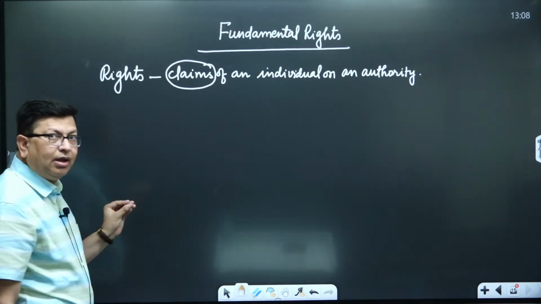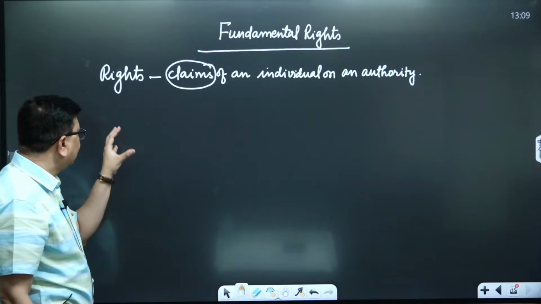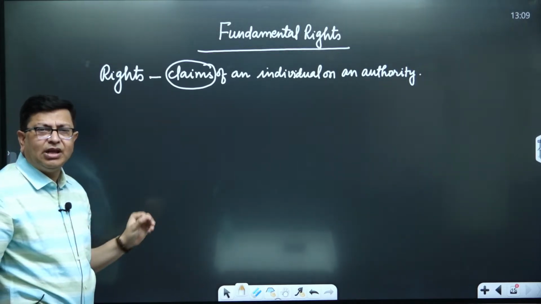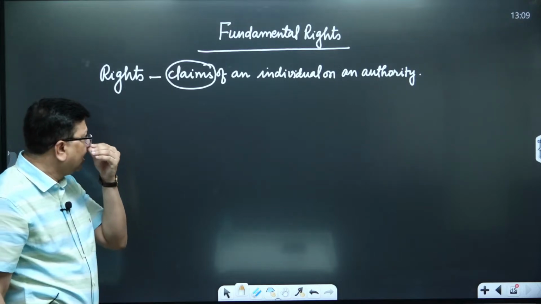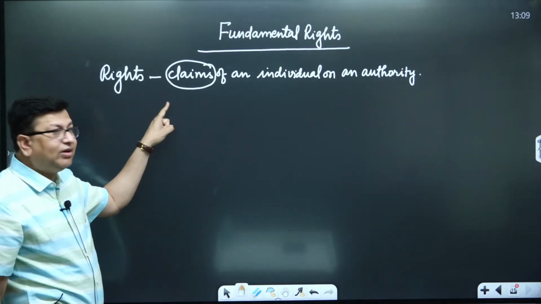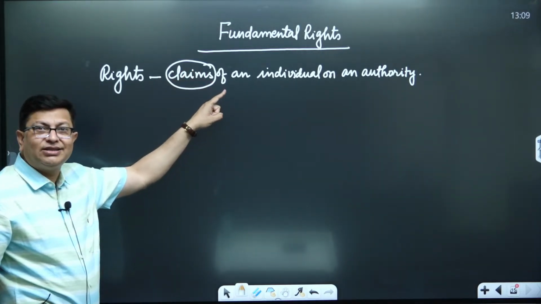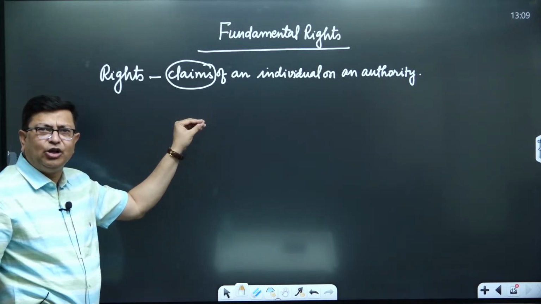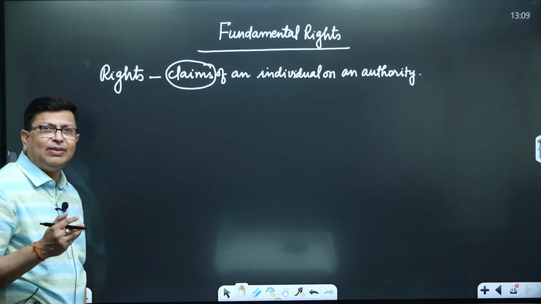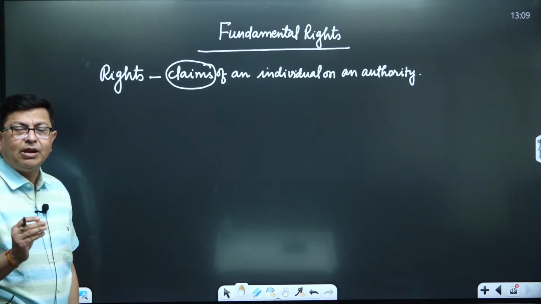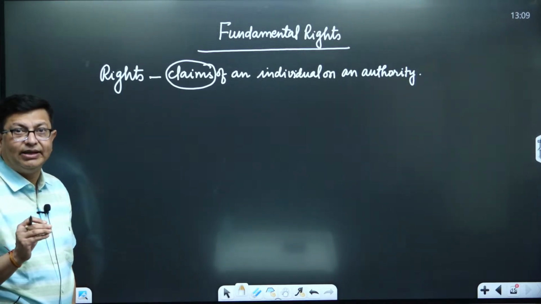Then, basically, if we talk about these fundamental rights, some questions can be related to human rights also, because the fundamental rights are human rights. The definition of human rights may not be asked in the examination, but related questions will be there.